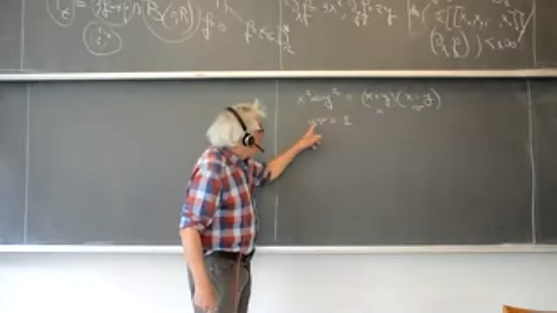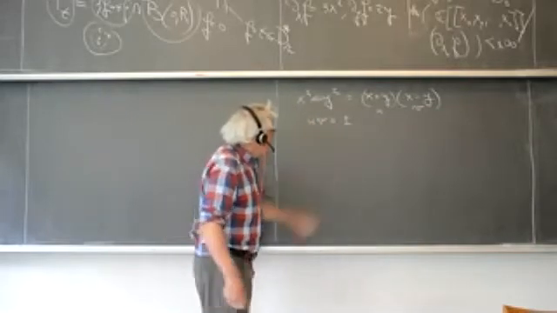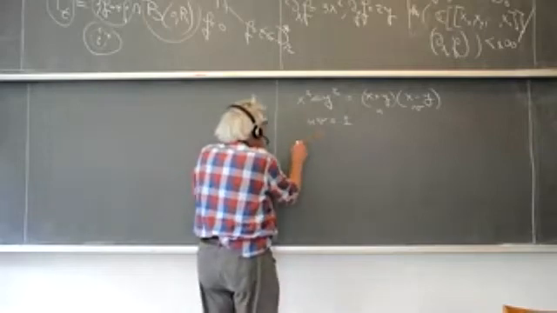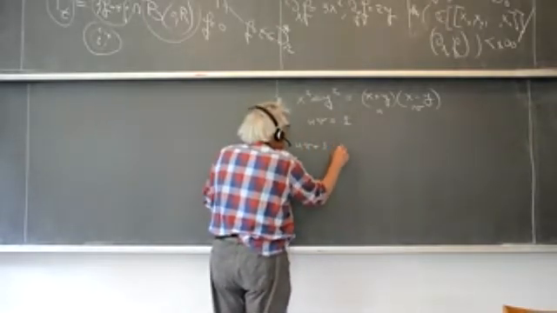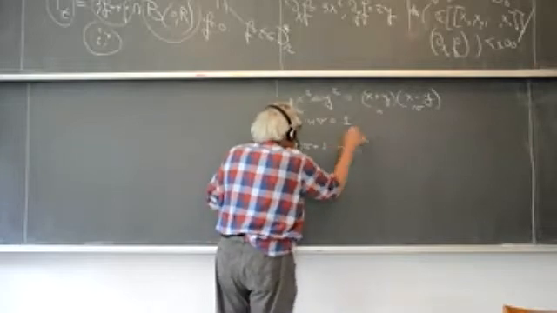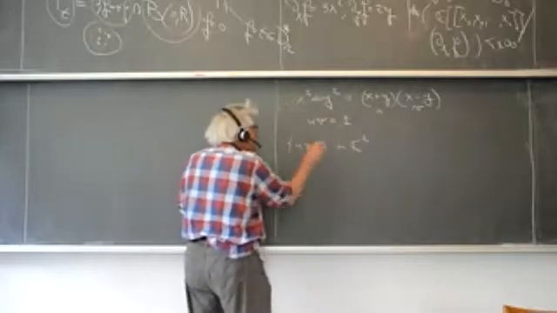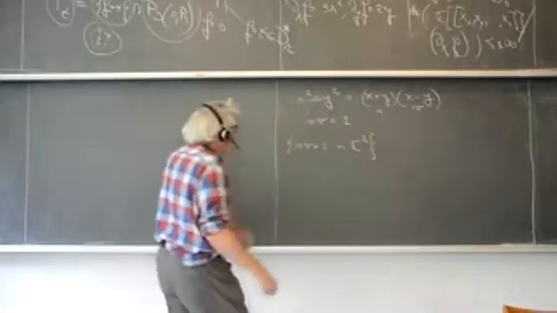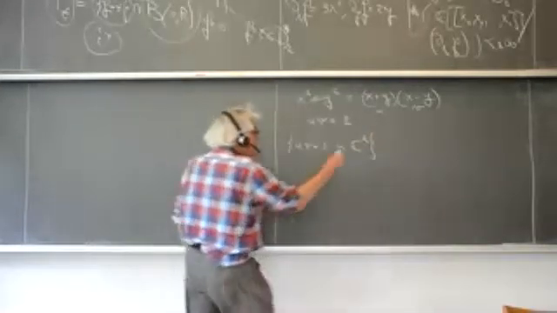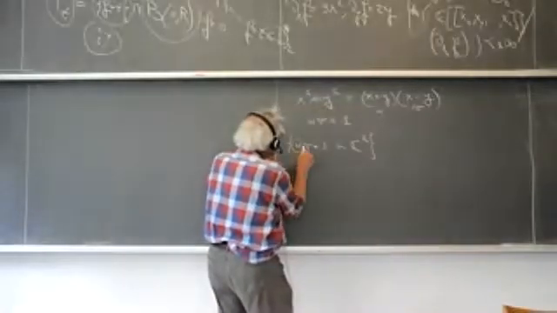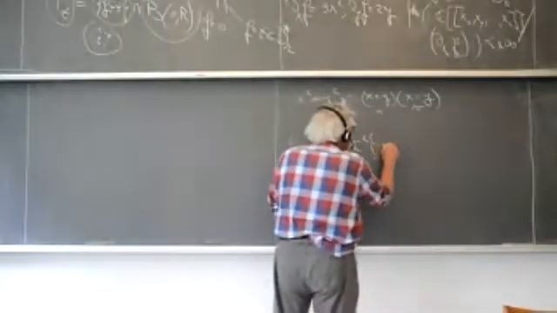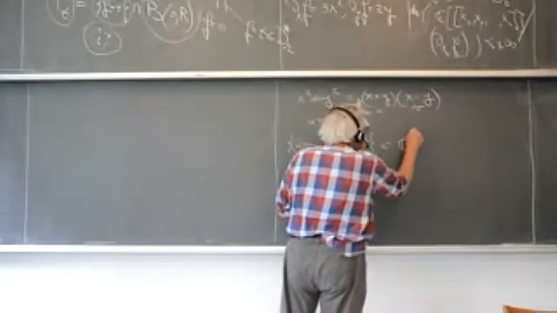So when I study uv equal to 1 in C2, this space is, a good way is, if I know u, I can compute v. So this is the same as C star.